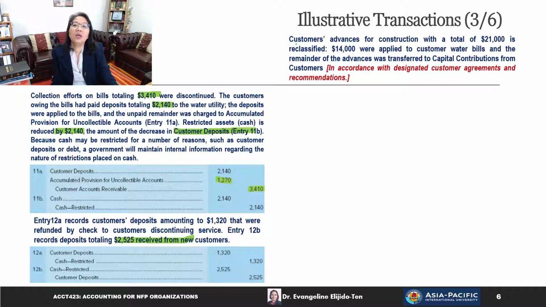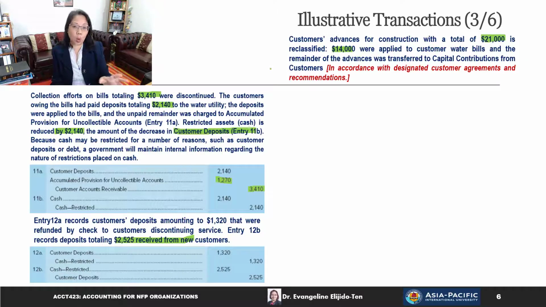This time, we're going to record customers' advances for construction with a total of 21,000, and it's being reclassified. 14,000 were applied to customers' water bills, and the remainder of the advances was transferred to capital contributions from customers.